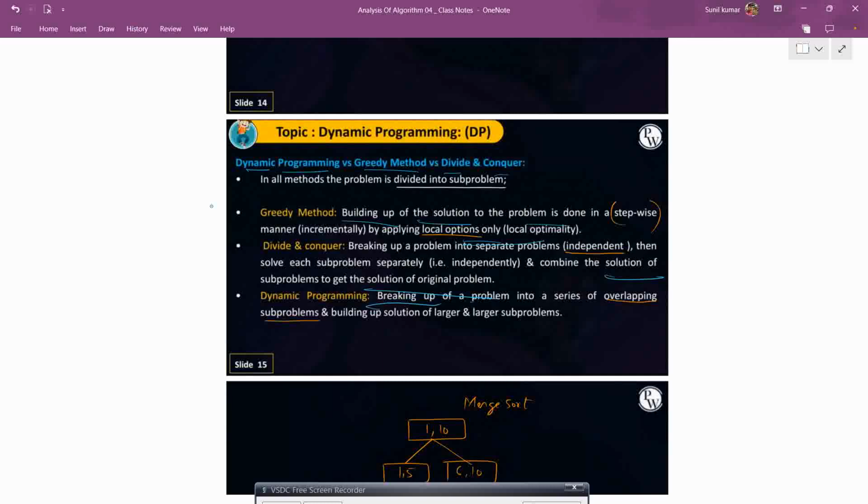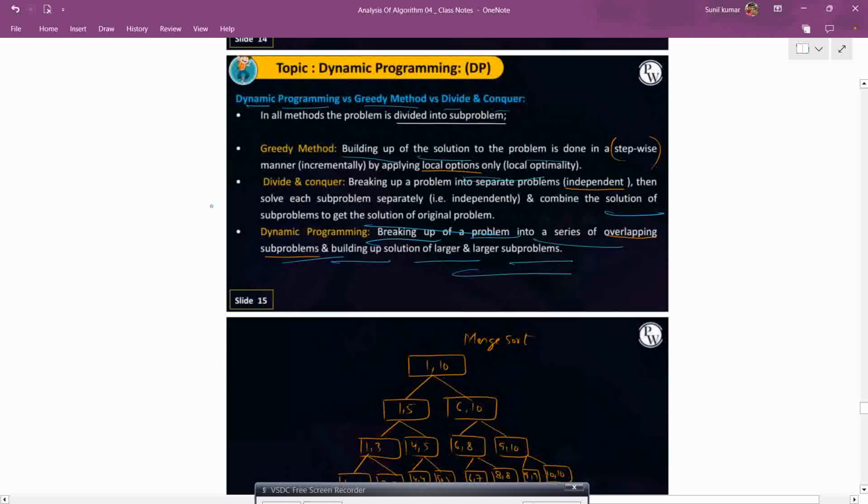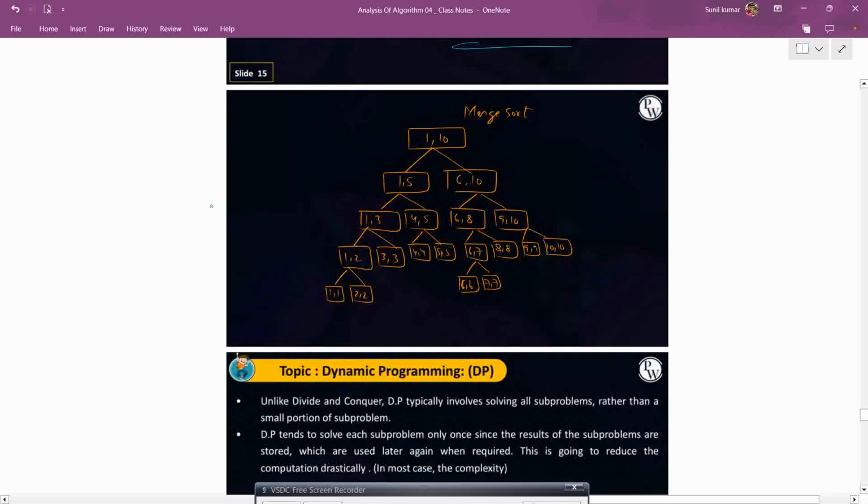In dynamic programming, we break the problem into a series of overlapping subproblems and build up solutions of larger and larger subproblems. This is how merge sort works.